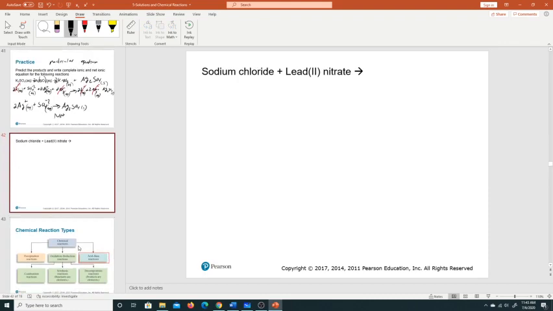Let's try this example. Sodium chloride with lead 2 nitrate. So sodium chloride is NaCl aqueous plus Pb(NO3)2, that's nitrate. That lead, roman numeral 2, means it's positive 2, nitrate's minus 1. Crisscross that, parentheses 2, aqueous, arrow.